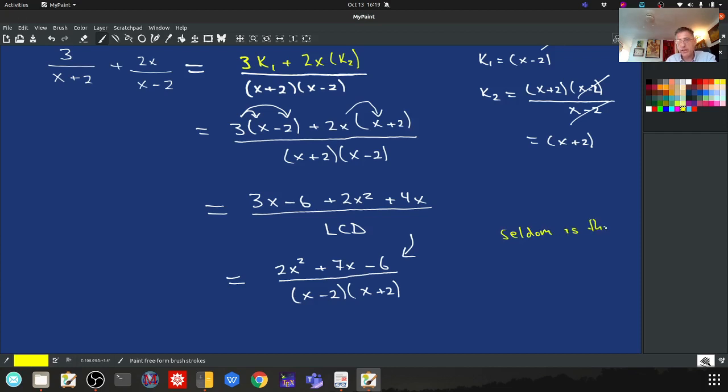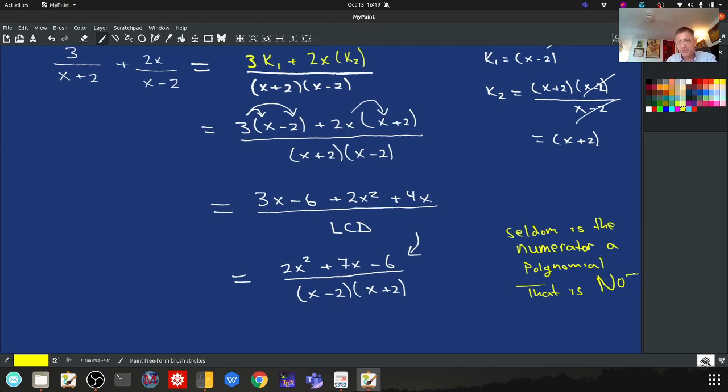And the good news is, in these problems the numerator is a polynomial that is, here's the keyword, not prime... I mean, it means you don't have to worry about factoring it.